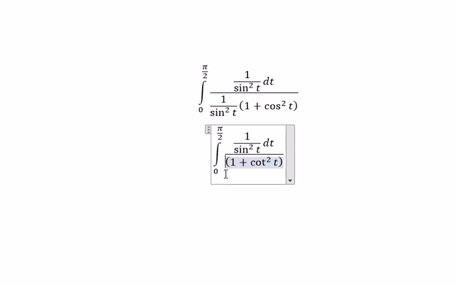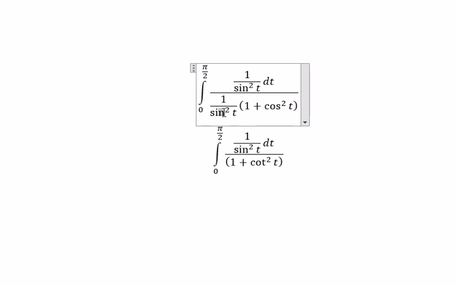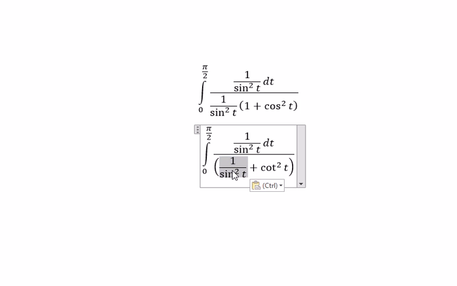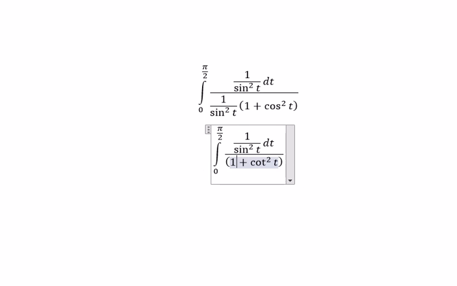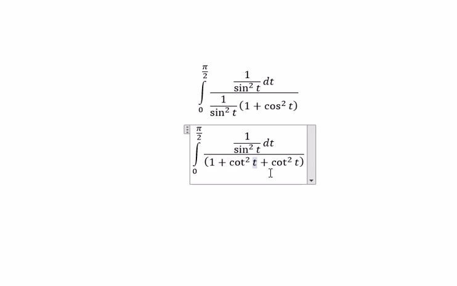And this one we go in here. And we can change to 1 plus cosine t squared. So this one you have 2.